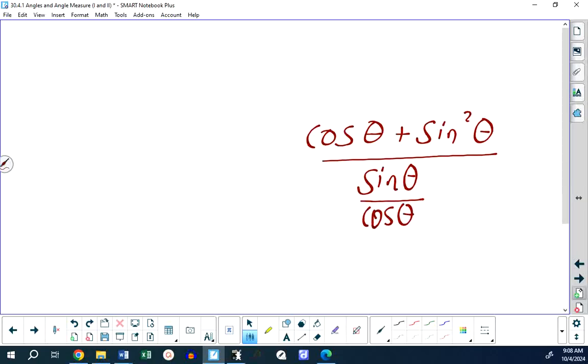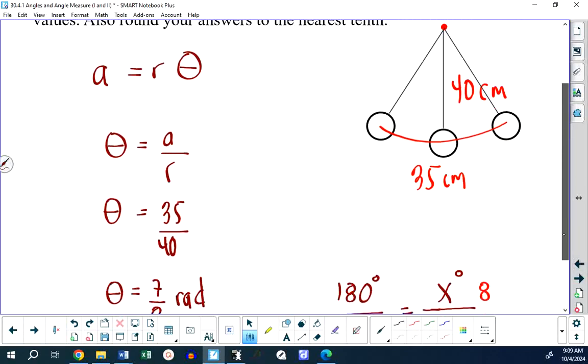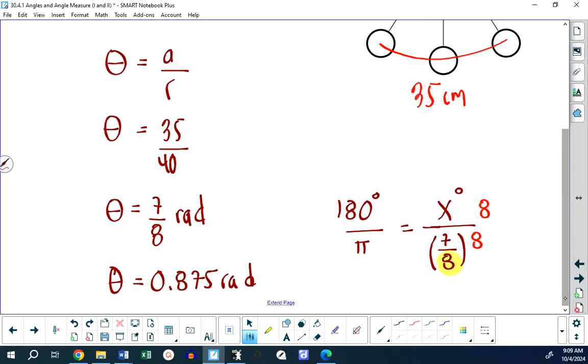The answer is you would multiply the top and the bottom by cosine of theta. By the way, sine squared of theta means sine of theta quantity squared. Okay? So these are skills that I'm not just saying, oh, these are important because I'm a math teacher. They're important for you later on.